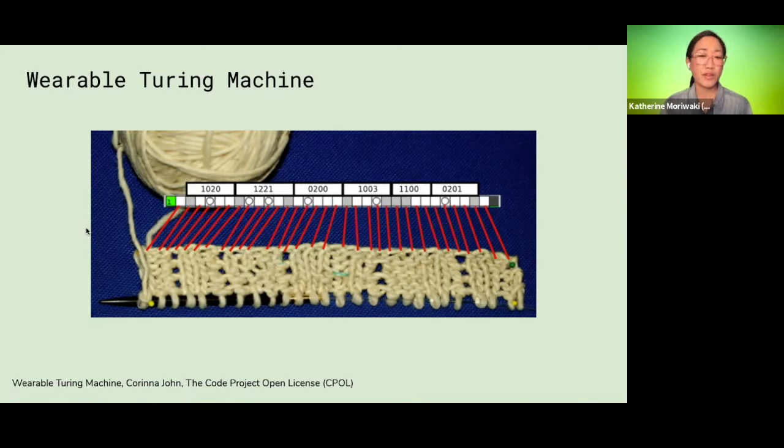This right here is a project called the Wearable Turing Machine. What it is really is just a proposal to simulate a Turing machine using knitting as the output. A Turing machine is a mathematical model of computation, right? It's an abstract machine working with characters on an endless tape.